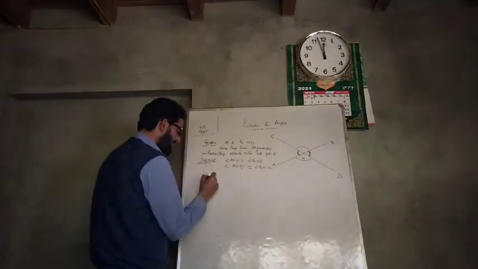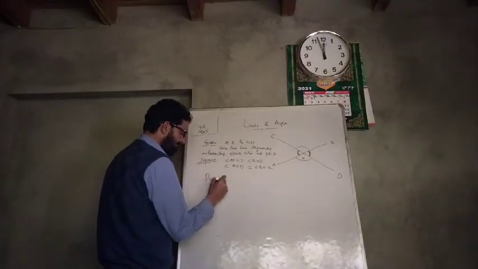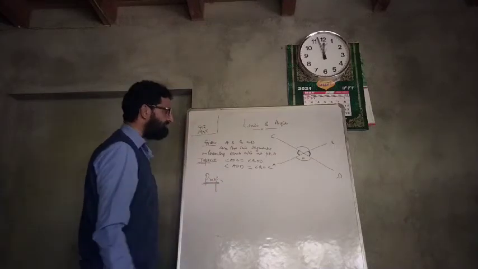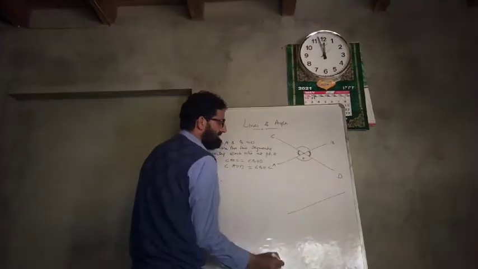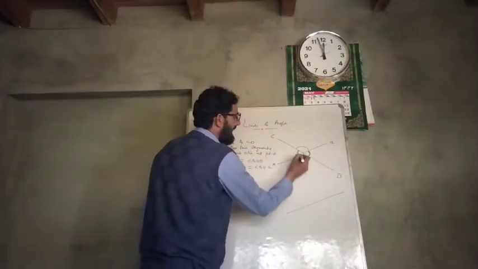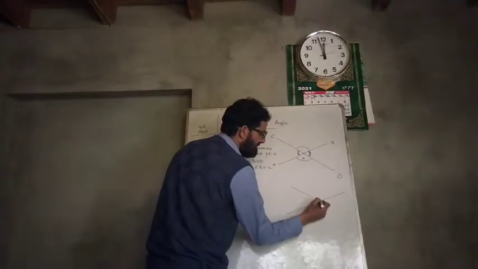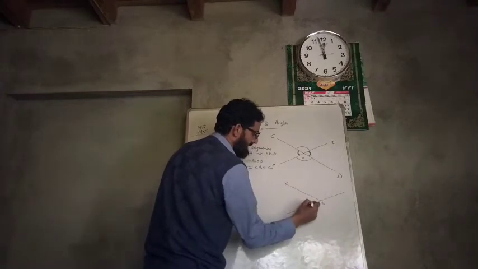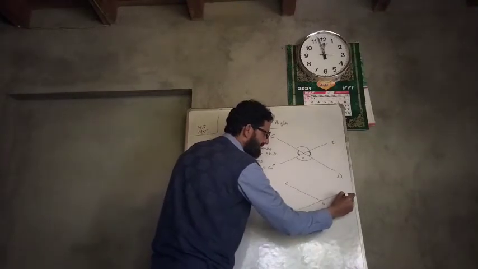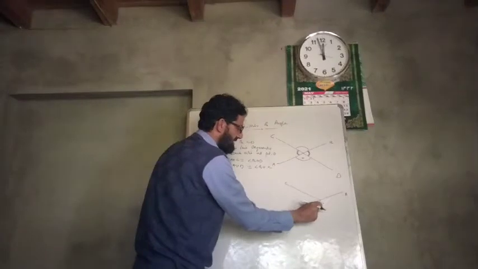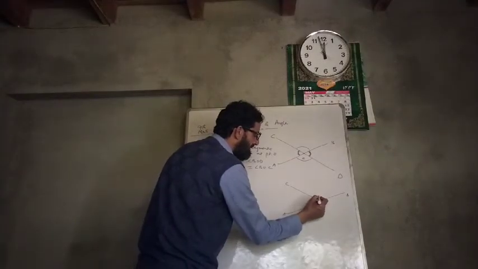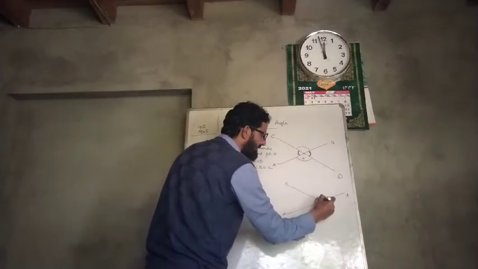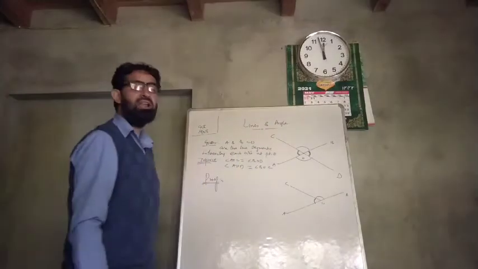Now the proof. See, AB is a line and CO stands on it. Tell me, what is the sum of angle AOC plus angle COB?